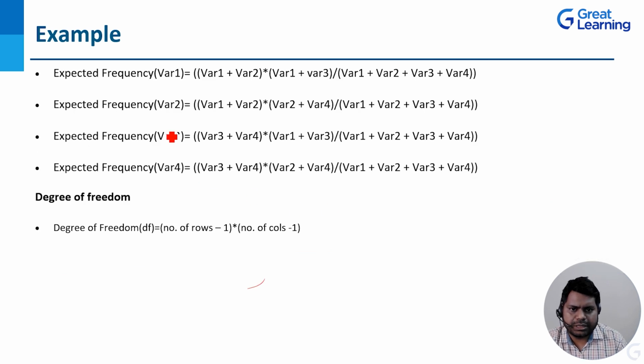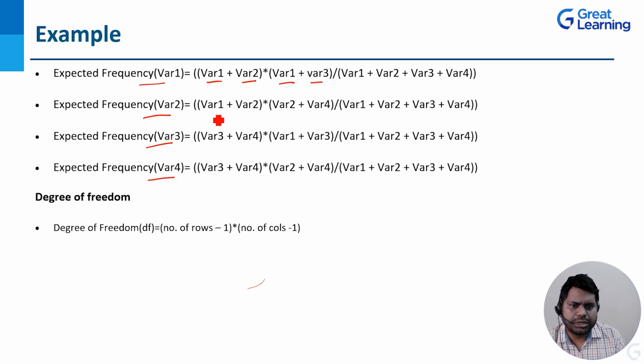So we can calculate the expected frequency of variable 1, variable 2, variable 3, variable 4 as for variable 1: variable 1 plus variable 2, multiplication of variable 1 plus variable 3, divided by variable 1 plus variable 2 plus variable 3 plus variable 4.